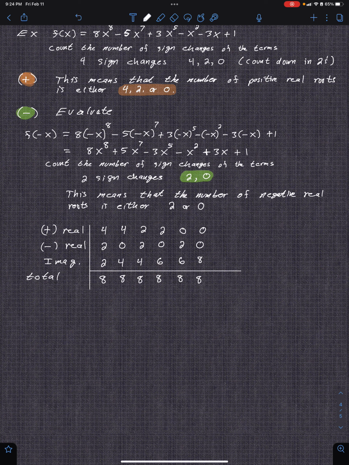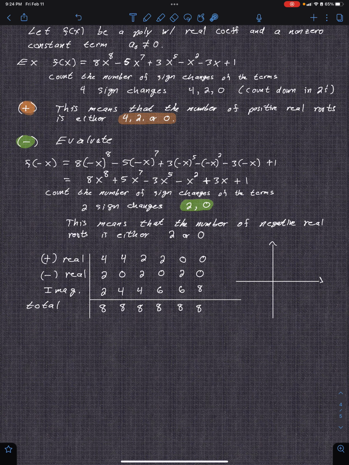I want to point out the last case. For this graph, we know the basic orientation: the leading coefficient is positive and the degree is even, so it must go up on both sides. So the last case is basically saying the graph is always above the x-axis, and it never touches.